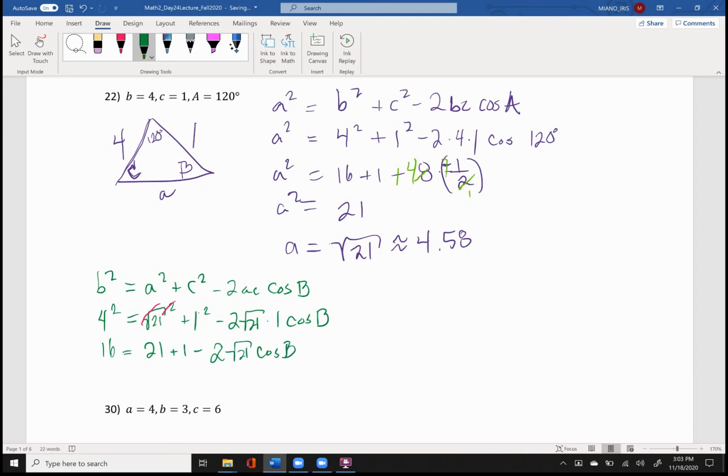We're going to subtract 22 from the 16 to get negative 6, but then also divide it by the negative 2 root 21, and we will get 3 over root 21. It's going to be cosine B.